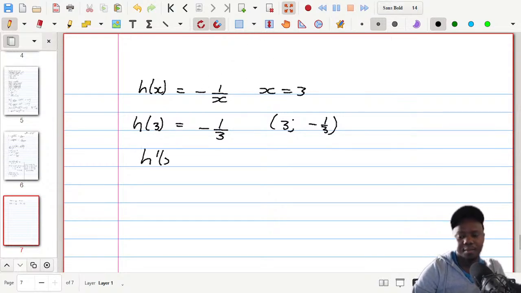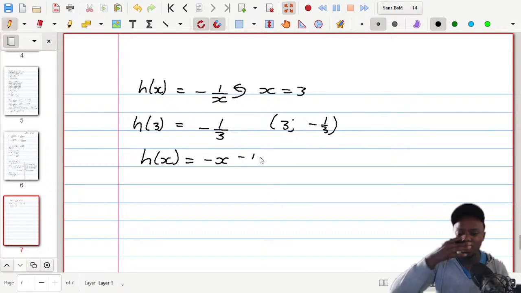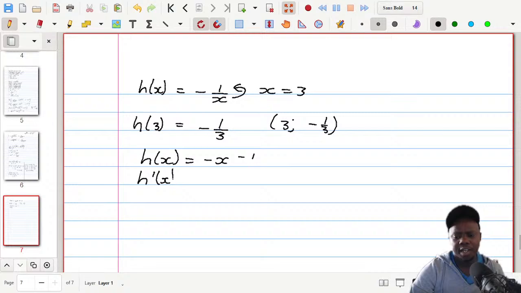So h prime of x equals, first of all, before we do this, let's take our variable from the denominator to the numerator. We've got -x to the power -1. Then h prime of x, multiply exponent by coefficient, that's going to be +1, subtract 1 from exponent, that's -2.